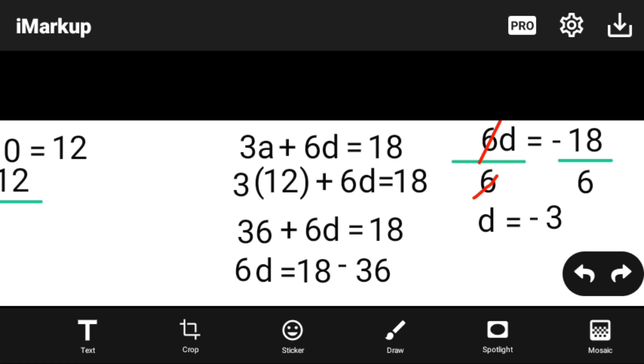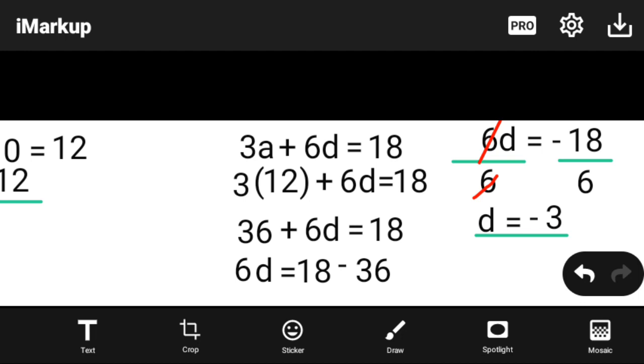So that is the answer. So meaning that the common difference there is negative 3. So it is just the same as the one we got in that first method we used. So that is that.